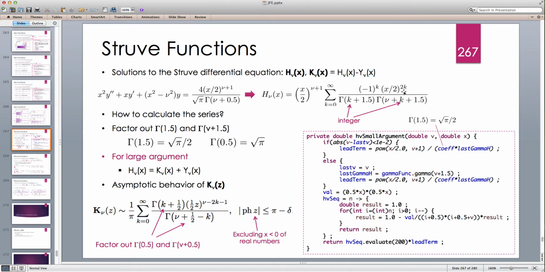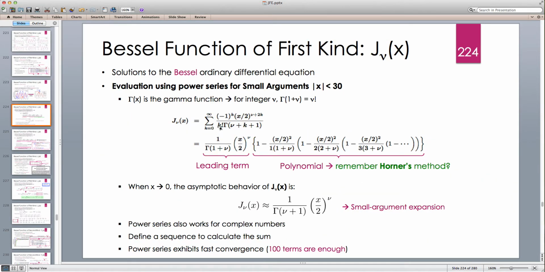Again, very similar to Bessel function J nu, but in J nu we had gamma of k plus 1, which, because k is an integer, becomes k factorial. So if I go back to the Bessel function, you see we had this k factorial. This is in fact gamma of k plus 1, right? So again, the Bessel function seems to be a special case of the Struve functions.